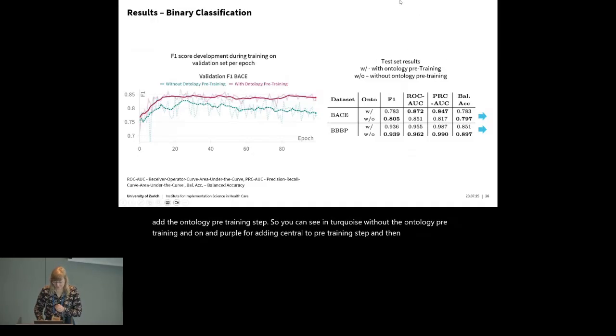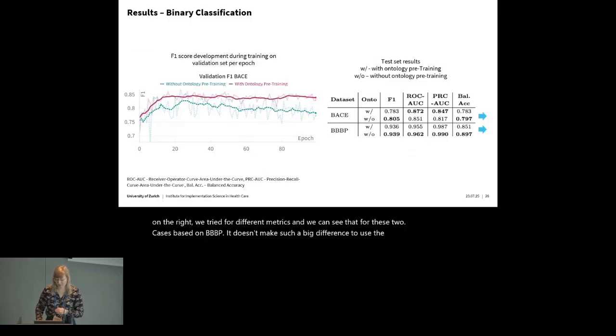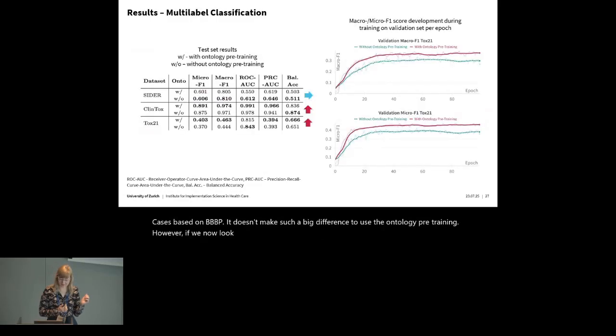And then for the test results on the right, we tried different metrics, and we can see that for these two cases, base and BBBP, it doesn't make such a big difference to use the ontology pre-training. However, if we now look again at toxicity and ClinTox and CIDR, we can see that in many cases for many metrics, we do see a big improvement. And again, we also see faster convergence in the training.